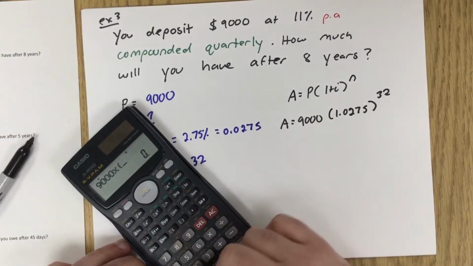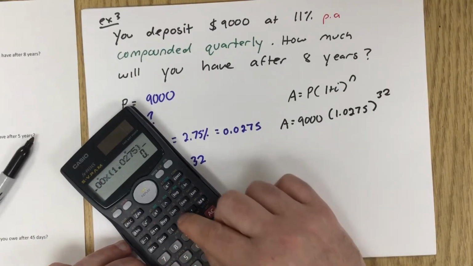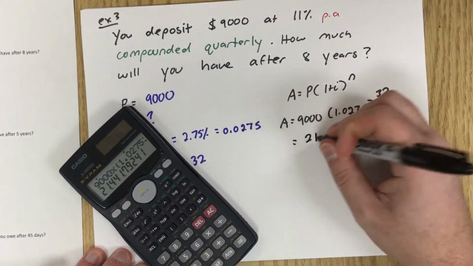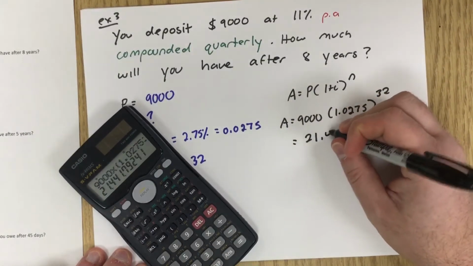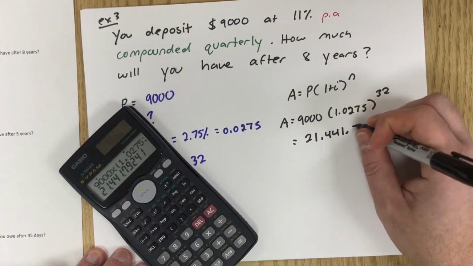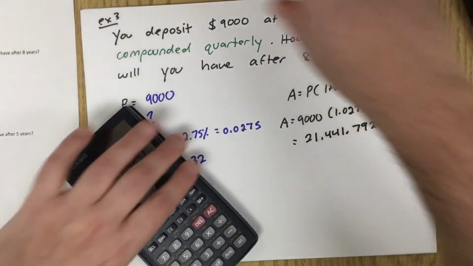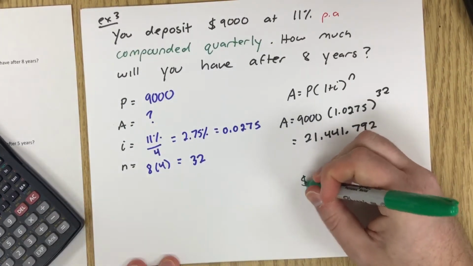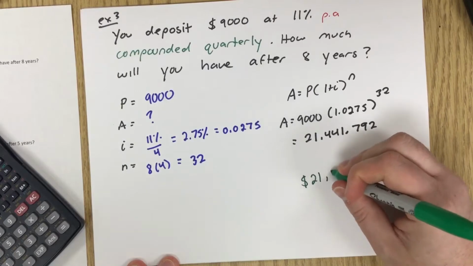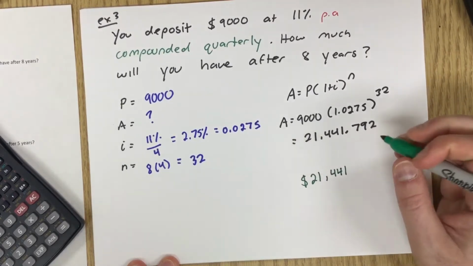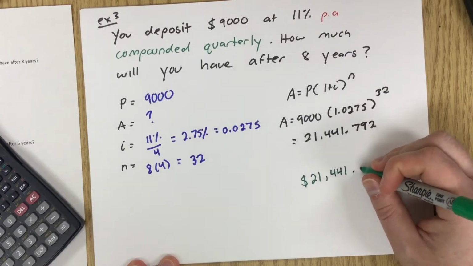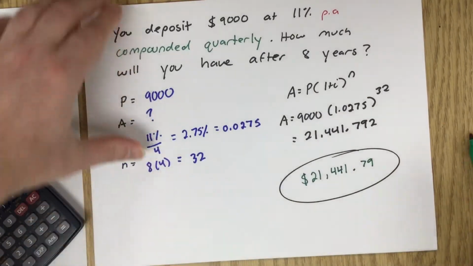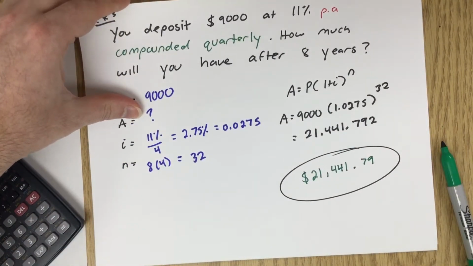And that's going to be $21,441.792, which, rounded to the nearest penny, is going to be $21,441.79. Okay.